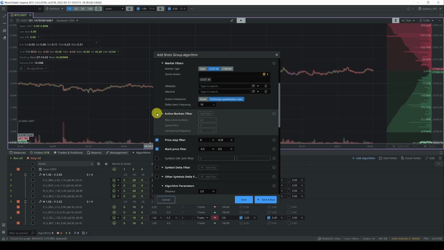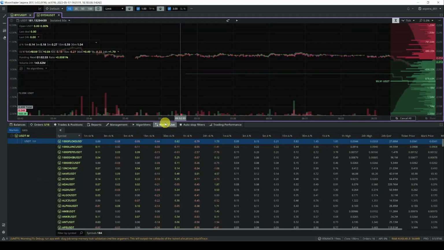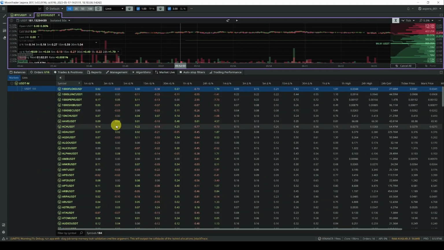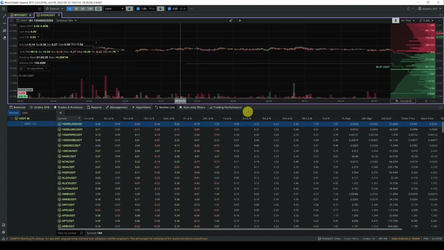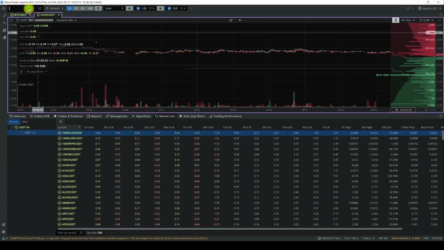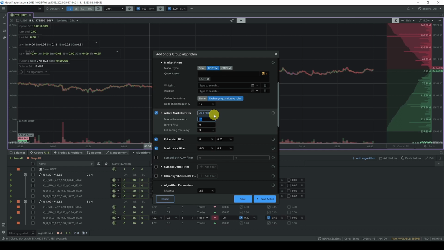But what we have here is the active markets filter. So I remember when I showed you previously the market live tab right here, where it has all the coins and shows which are active and which are not so active based on their deltas across different time frames. So here, let's say we'll be looking at the 10 most active coins, and we'll not ignore any of the coins that are most active. Since we are on emulation, we're quite safe.